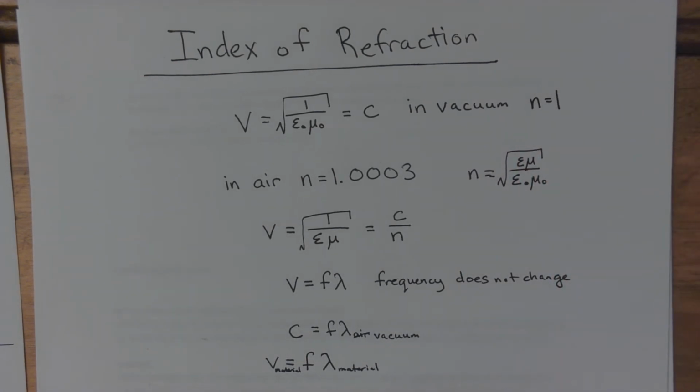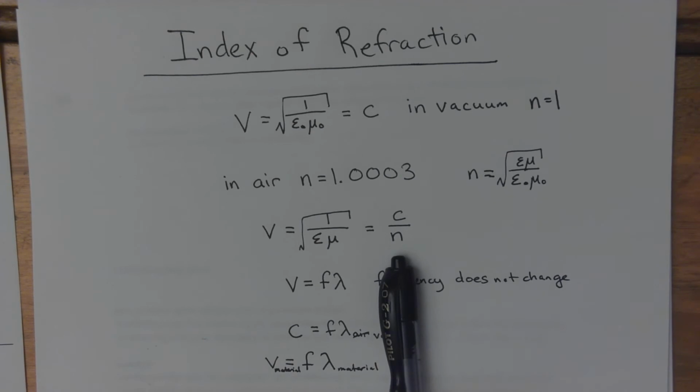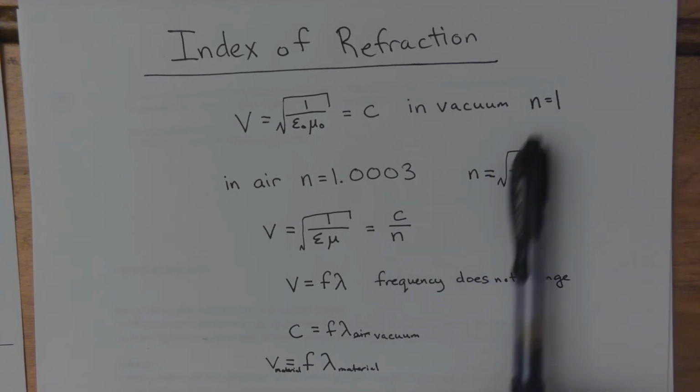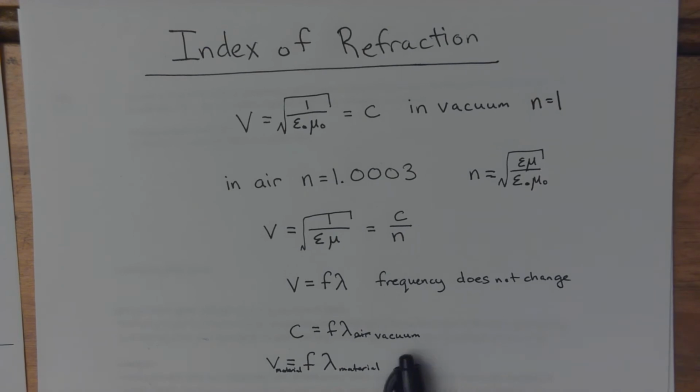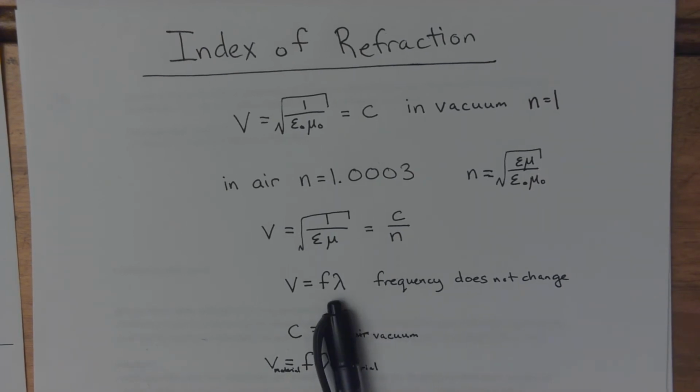That's the smallest possible value you can get for the index of refraction, which means that the largest possible value you can get for the speed of light in a material is the speed of light. So the light can't go any faster than it goes in vacuum, which means the index of refraction can't be any smaller than 1.